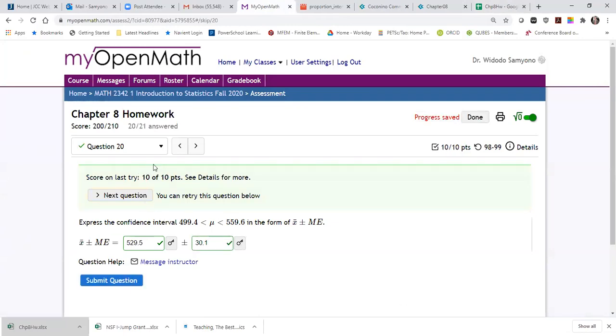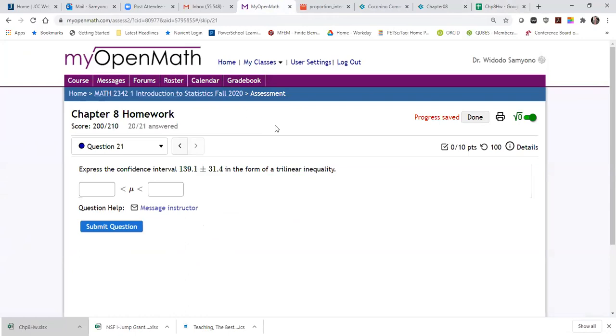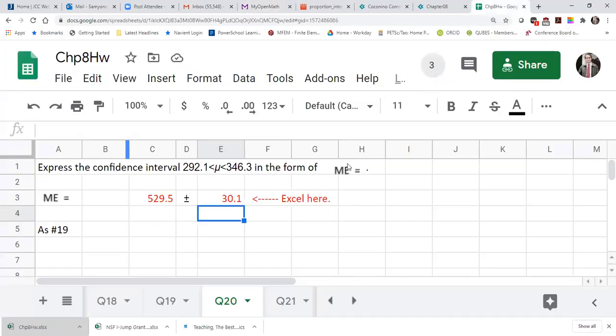Okay, so the last one will be this problem. Okay, so the same thing. So for the left side, you need to subtract this with this, right? So number 21.